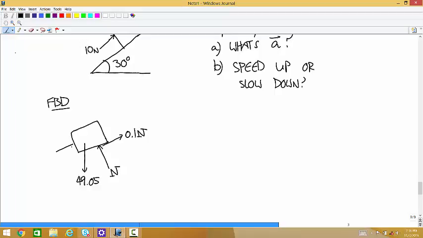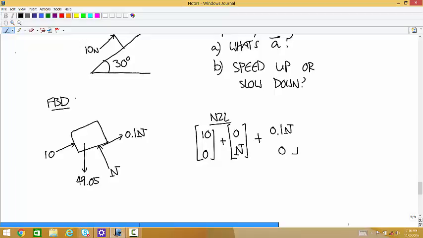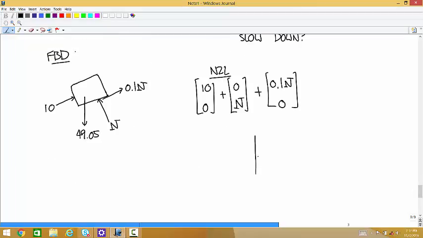And then there's an externally applied force of 10 newtons. So Newton's second law: the 10 is in the positive x direction. The normal is 0n, like it always is. The friction force is in the positive x direction.